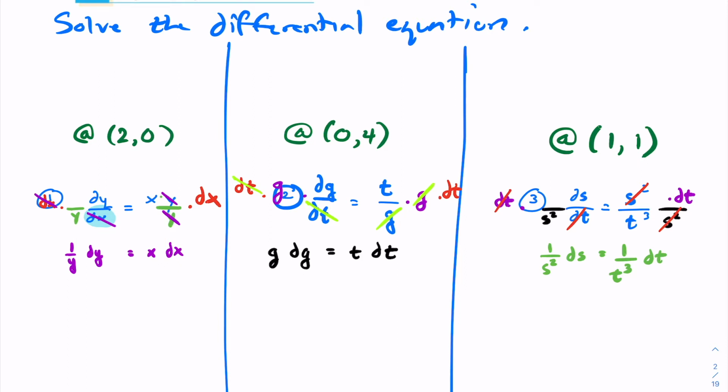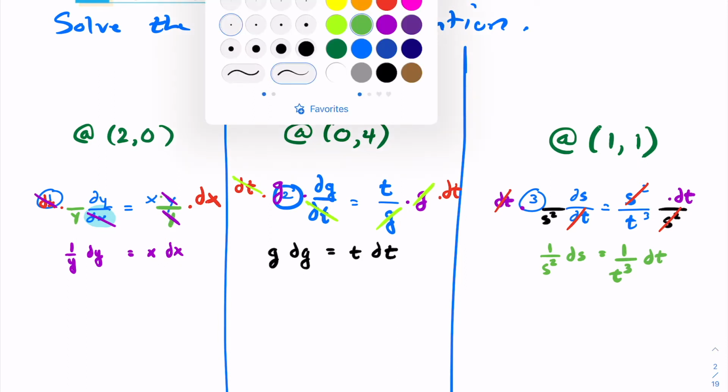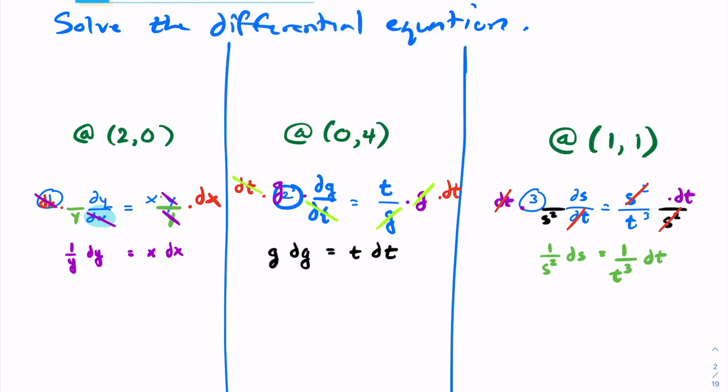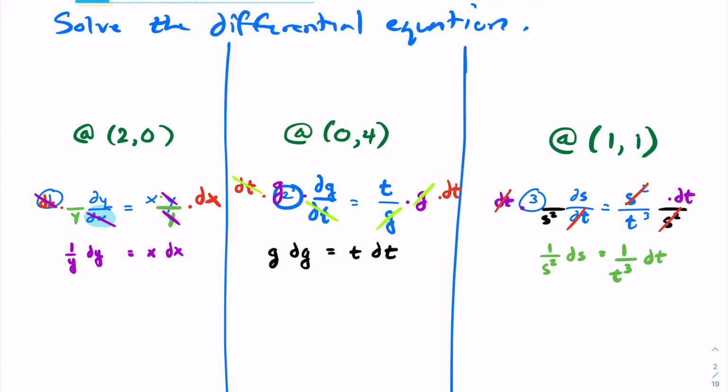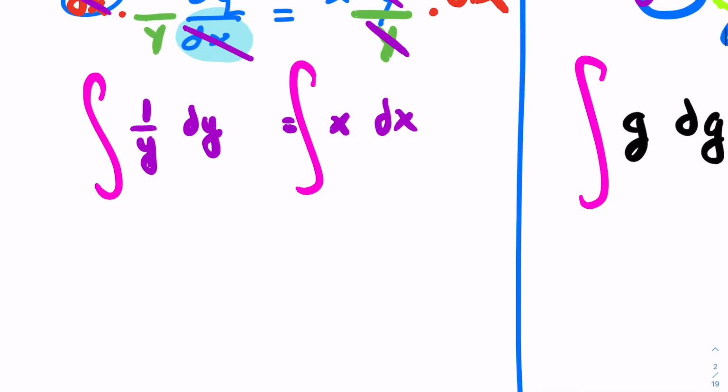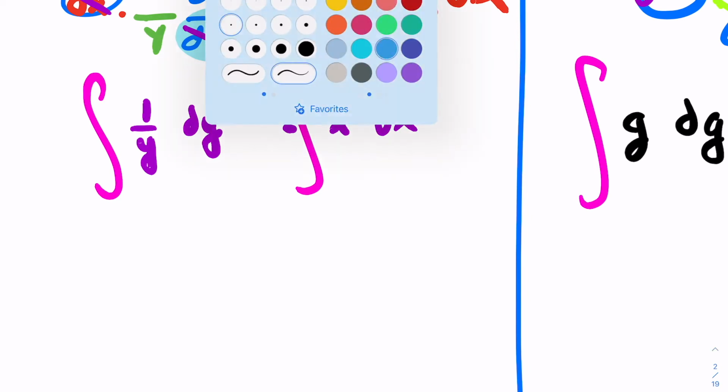So we separated. Now what we're going to do is integrate both sides. Let's use this color.